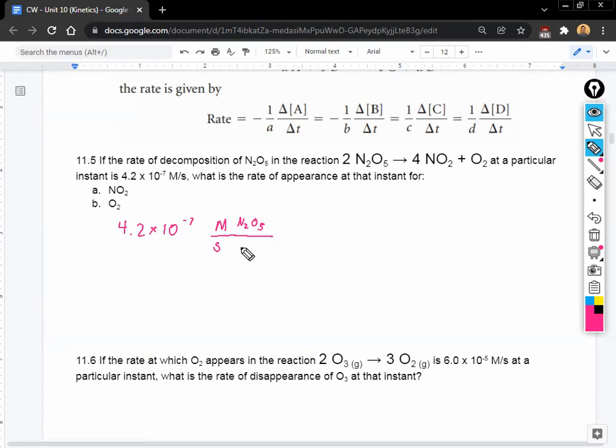So far, so good? Making sense? I'm just writing down the rate for that chemical. Now, I want to find the rate of change for NO2.